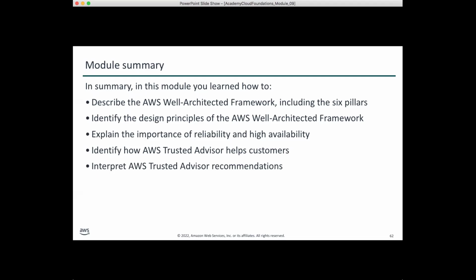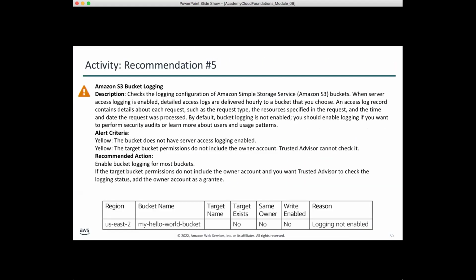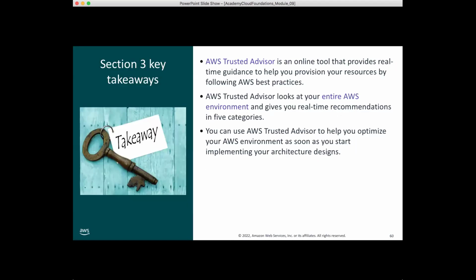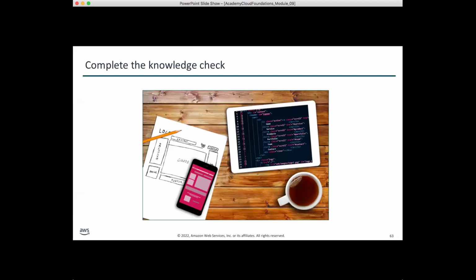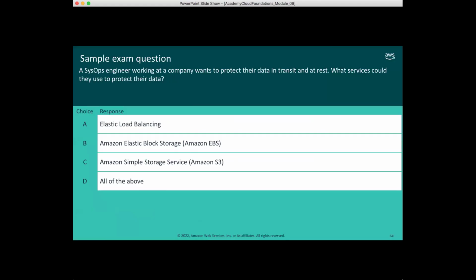Trusted Advisor helps customers, and it gives recommendations based on the best practices that AWS has recommended, right? Interpret AWS Trusted Advisor recommendations. We did look at a couple of activities; the remaining ones we will try and do in the lab, right?